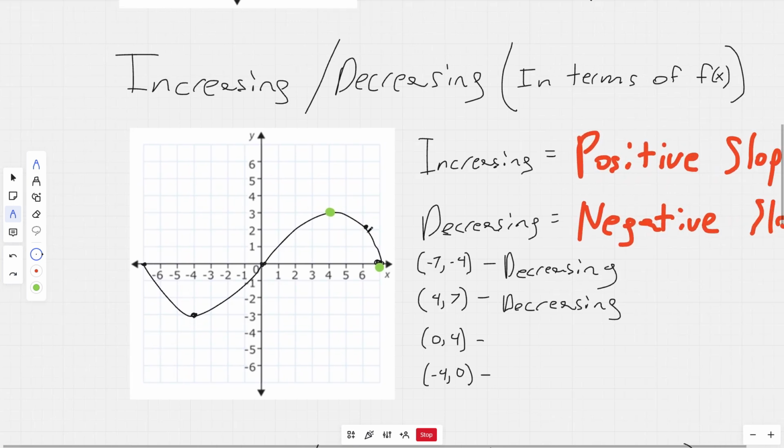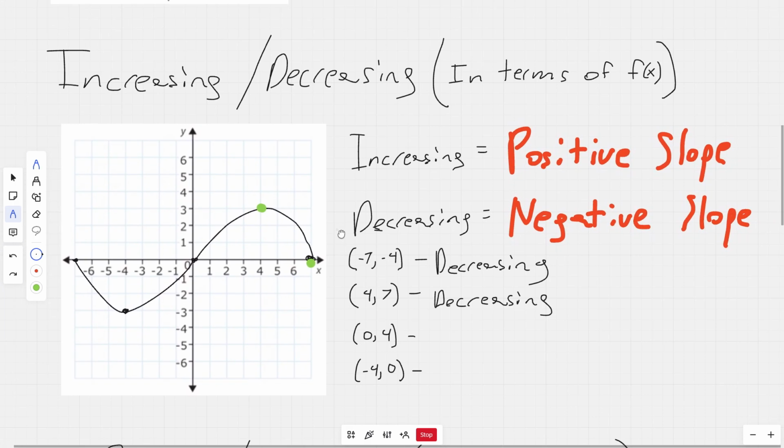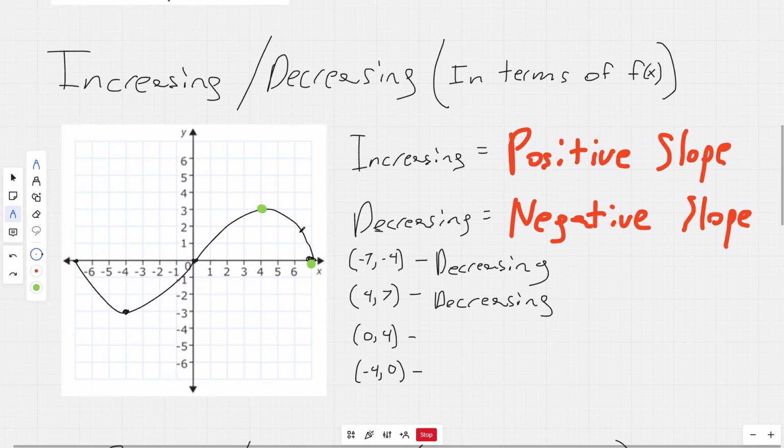I like to think of that better than just saying, draw a tangent line, because it's overcomplicating something simple. So we're going to draw our seesaw right here, and we're going to notice that's going down, right? So it's decreasing.